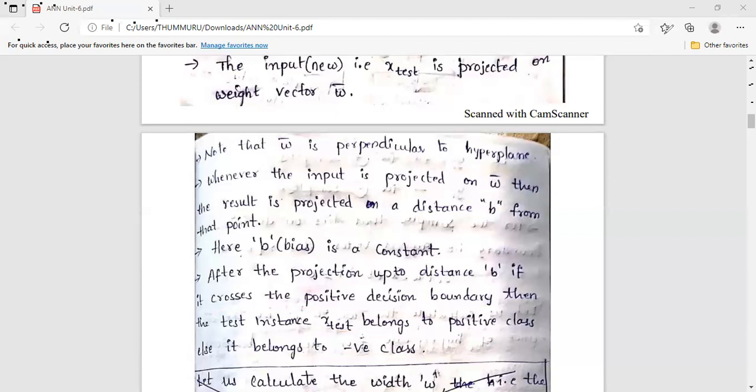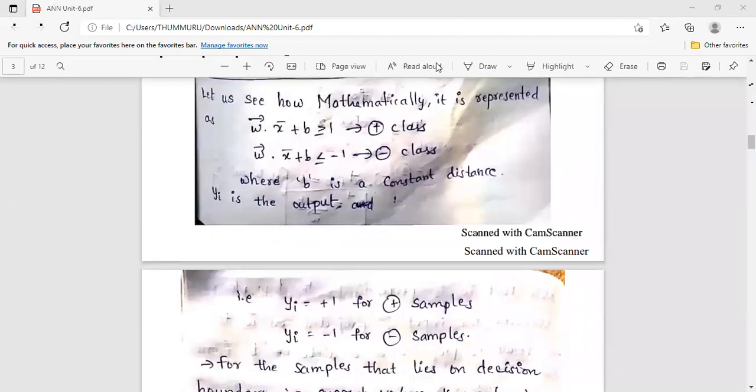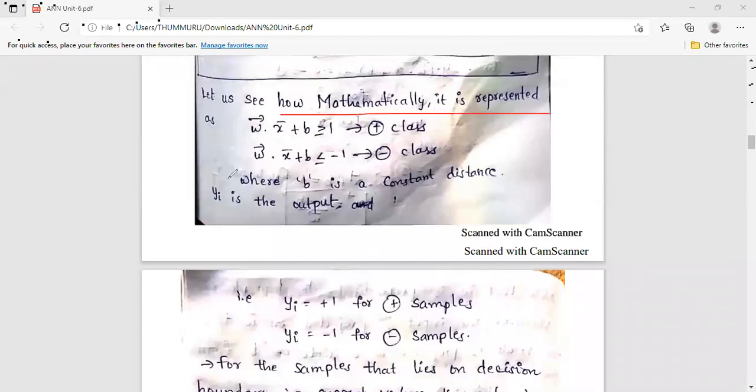And coming to the mathematical part, let us see how mathematically the new data point is represented.